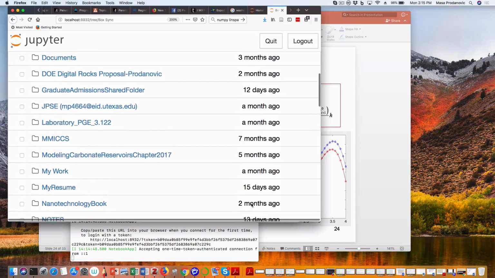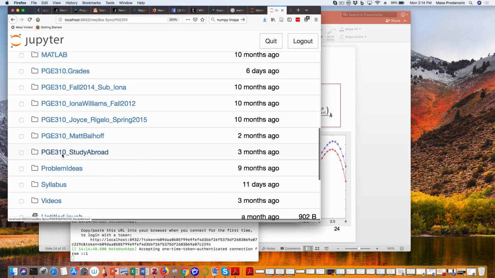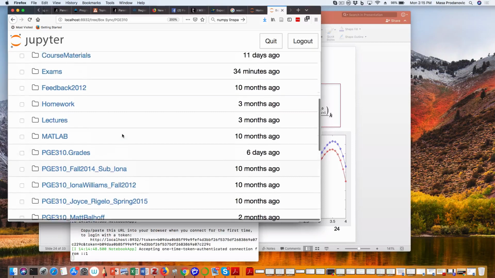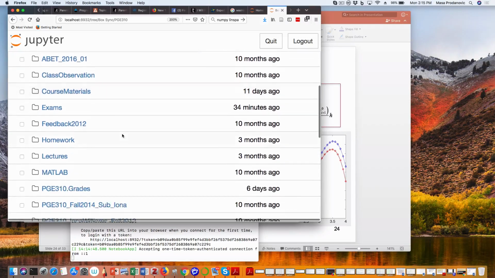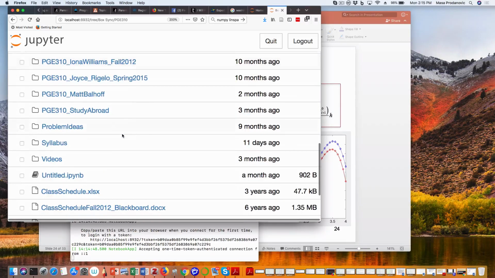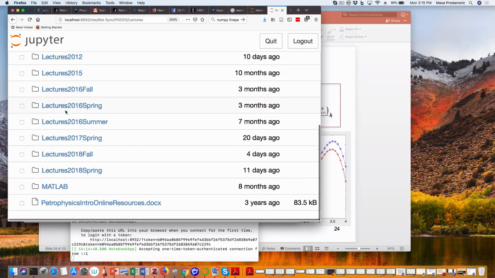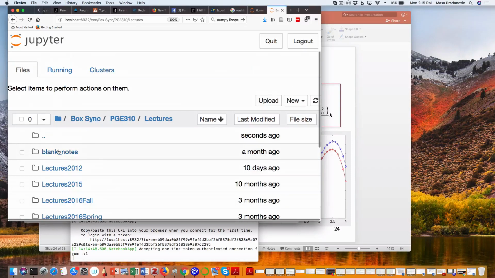If you want to start from the same Jupyter notebook, I posted it on Canvas so you can download it.